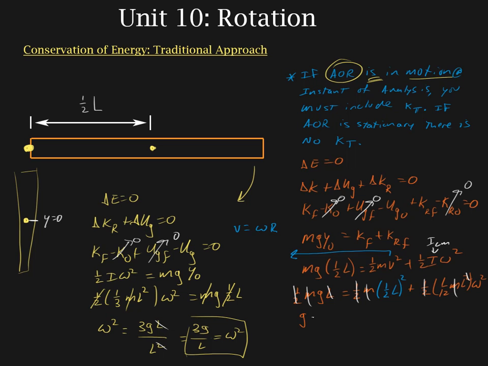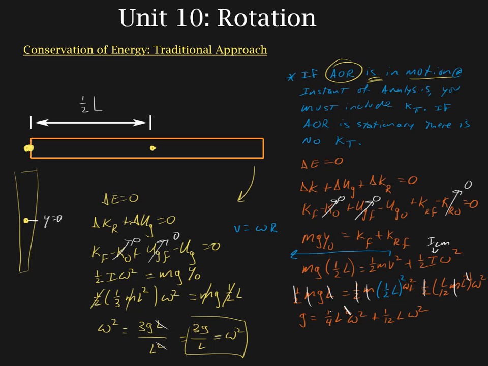We get g is equal to 1/4 L squared, and I forgot the omega squared, so there's omega squared that goes there, plus 1/12 L omega squared.